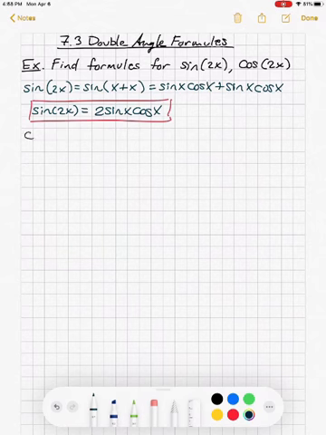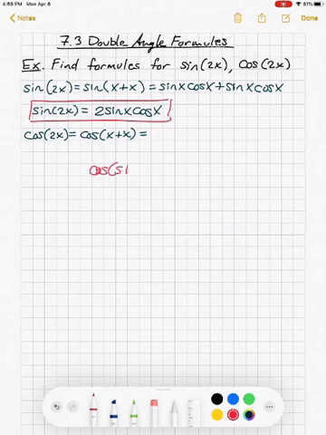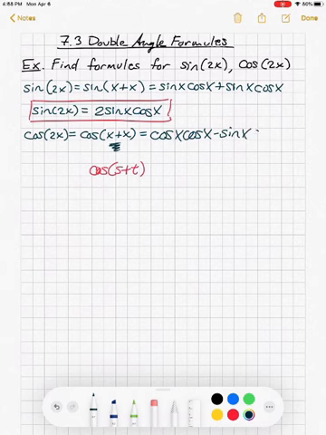Let me do the same thing for cosine. So now I need my formula for cosine of s plus t. For that one, remember I do both cosines, cosine of the first, cosine of the second, plus here is opposite, minus here, sine of the first, sine of the second.